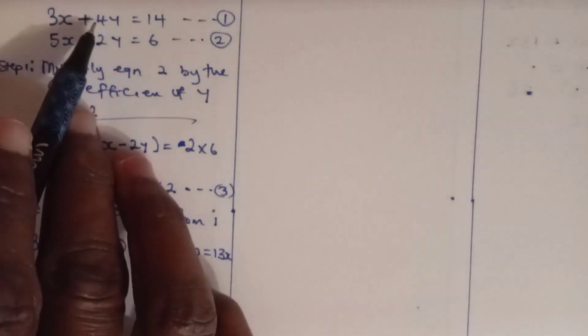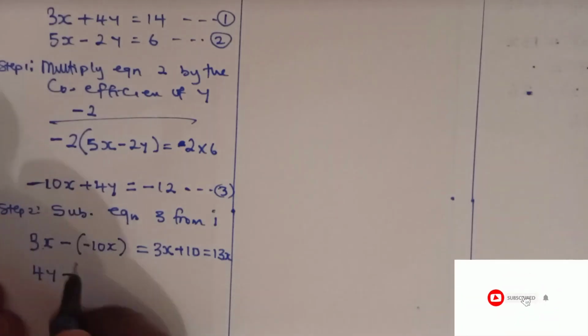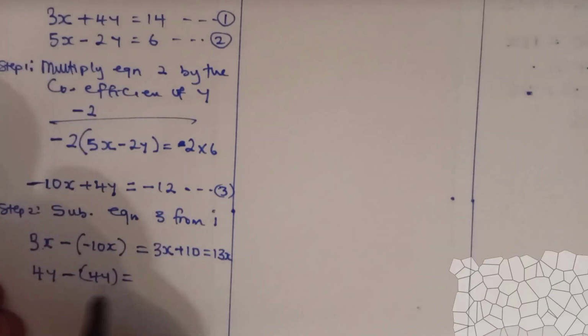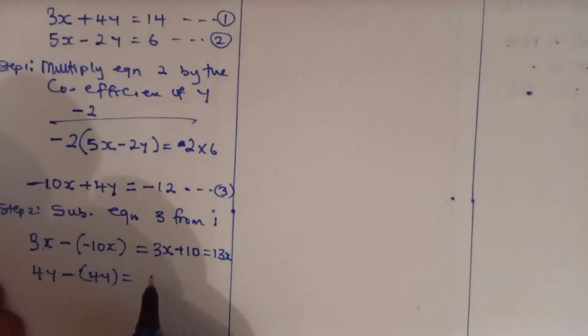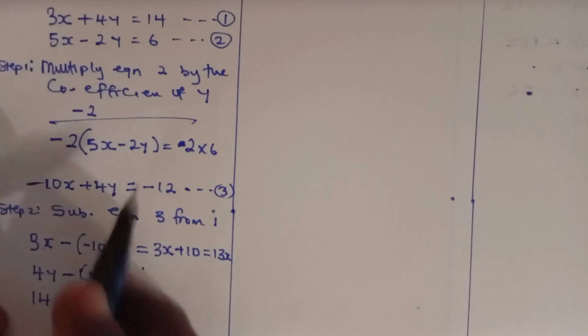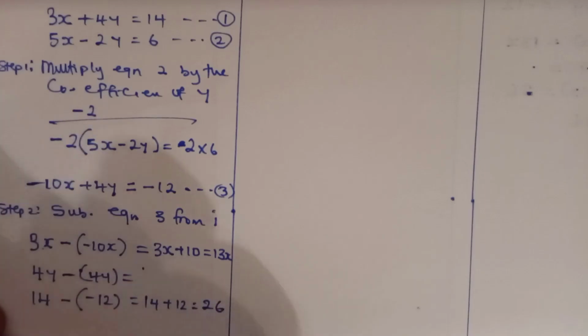Now let's do the same for y. So we have 4y, and then we want to subtract this 4y. Let's just put it in brackets, though we know it's straightforward. So 4y minus 4y is going to give us nothing. Then we have 14 minus minus 12. This is going to give us 14 plus 12, which is 26.